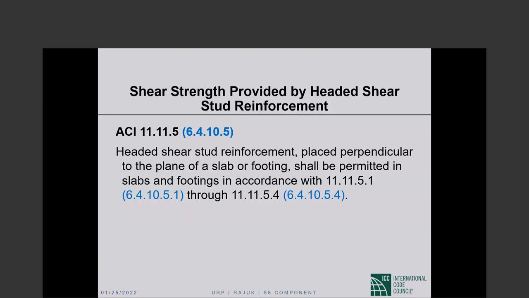Okay, basically all. There are, I'm sure, exceptions, but this is by far the most common type of punching shear reinforcement because of its many advantages. So headed shear stud reinforcement placed perpendicular to the plane of a slab or footing shall be permitted in slabs, etc.